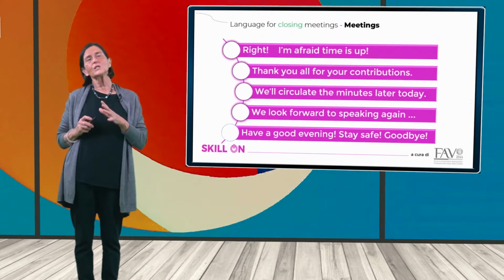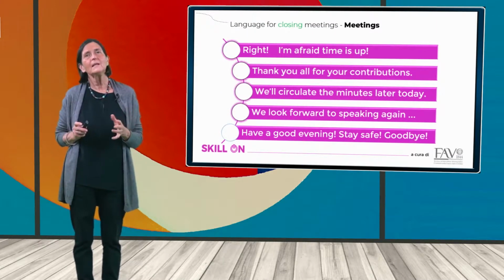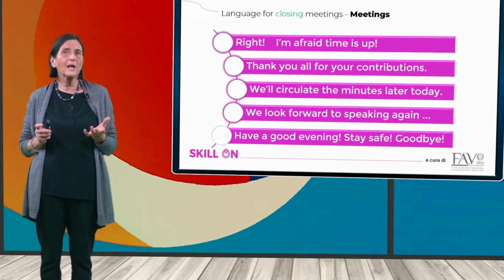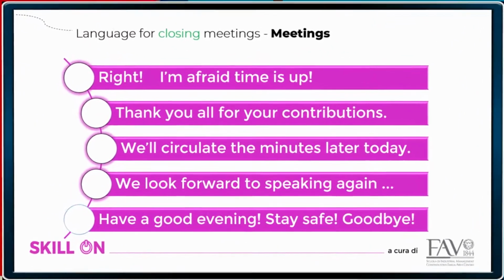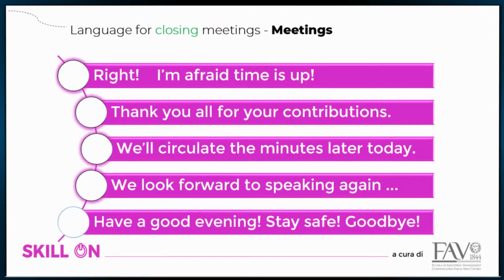So now, just to conclude and sum up, let's look again at some language we've looked at before for closing meetings of whatever type they are. So whether it's an online meeting, whether it's a face-to-face meeting or a telephone meeting, not necessarily here technical assistance, but some meetings even you have to have on the telephone.